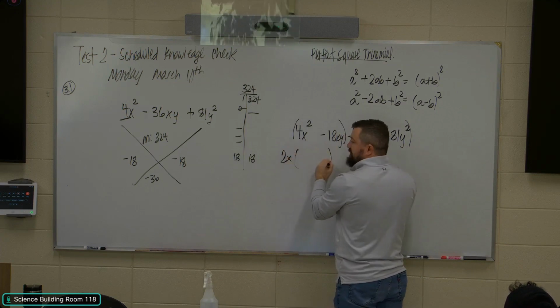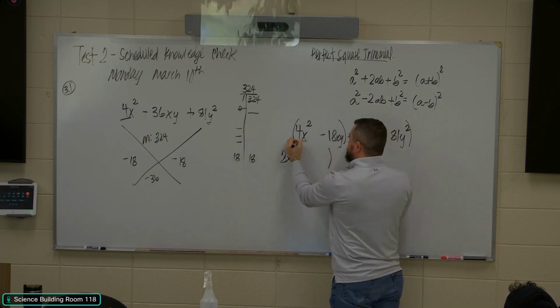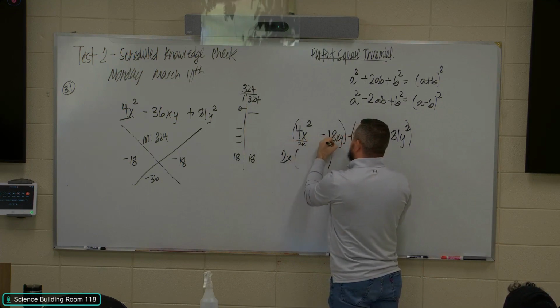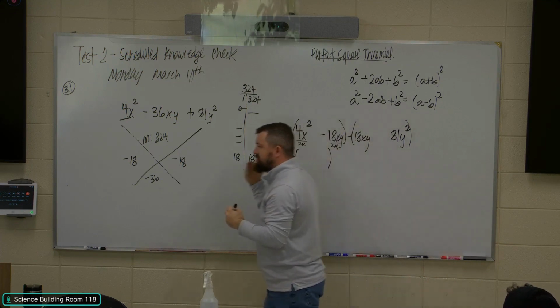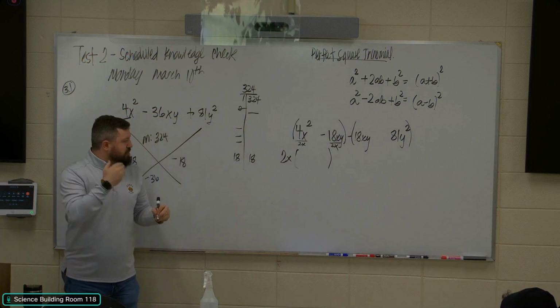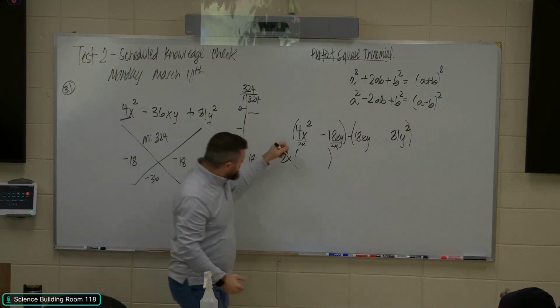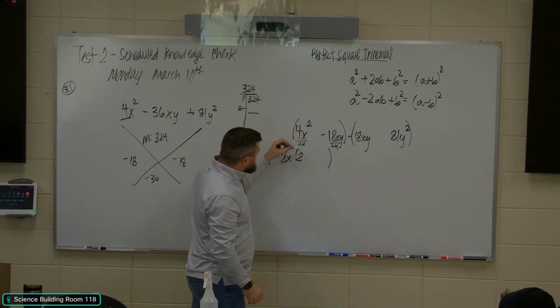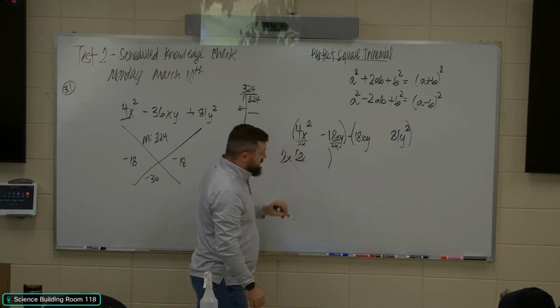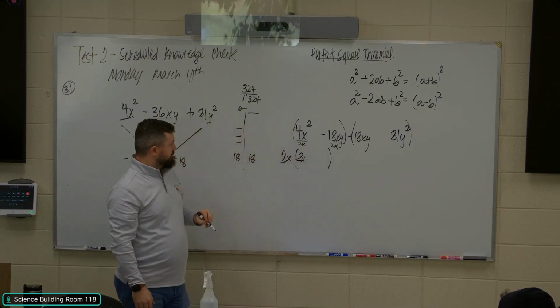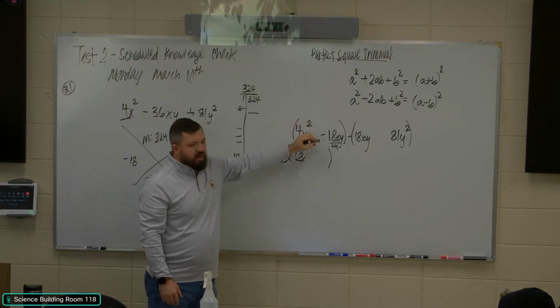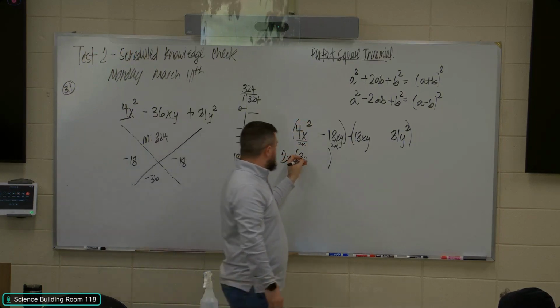And you have to write what you're left with. To get what you're left with, you're just dividing by the GCF. So 4x squared divided by 2x: 4 divided by 2 is 2, x squared divided by x is x. Negative 18xy divided by 2x is negative 9y.